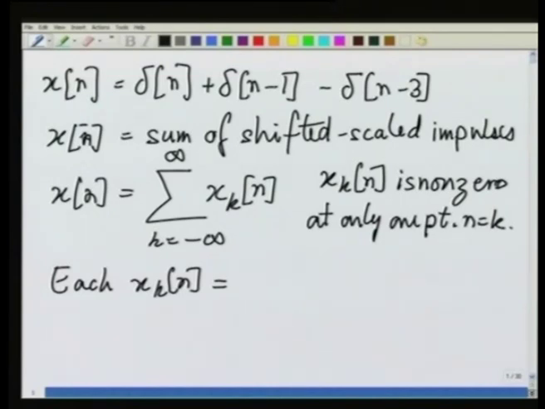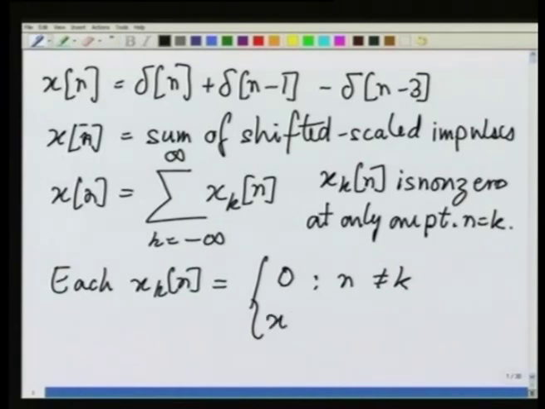And 0 everywhere else. So, x k n here is 0 when n is not equal to k, and at n equal to k it is equal to x of k, the original signal x that we wish to represent, evaluated at n equal to k.